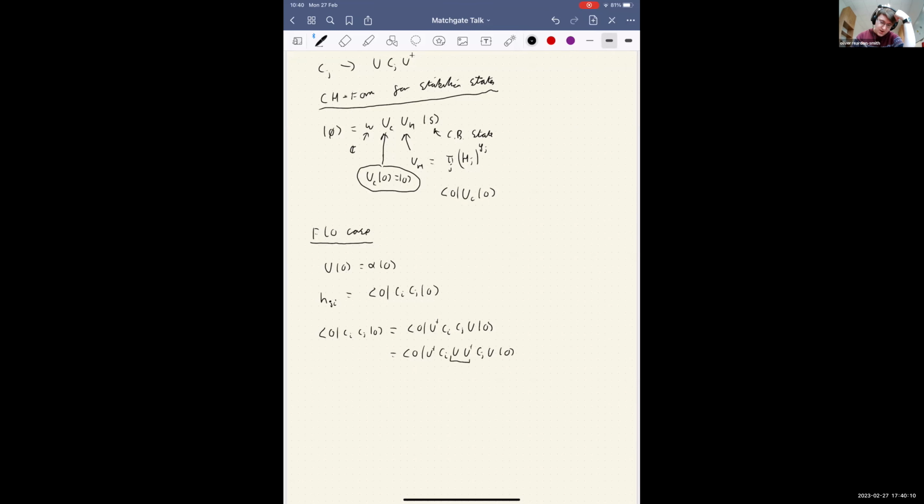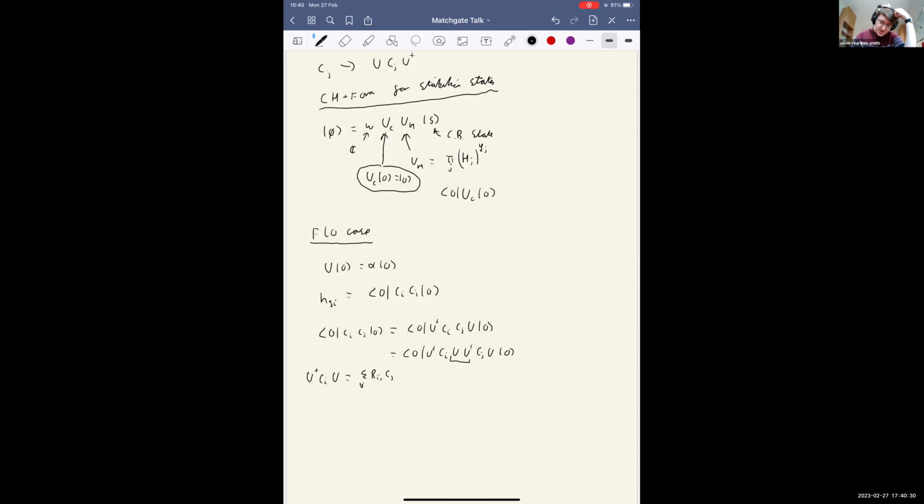And then we know, because it's FLO, that U dagger c_i U is the sum over j of R_ij c_j for some real orthogonal matrix R that we had before.